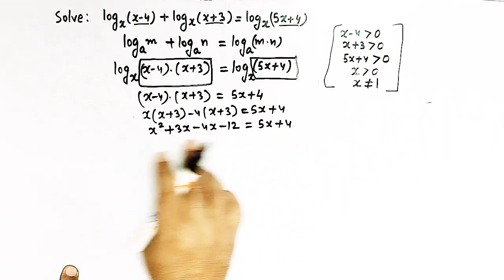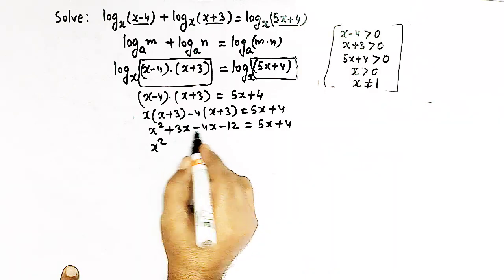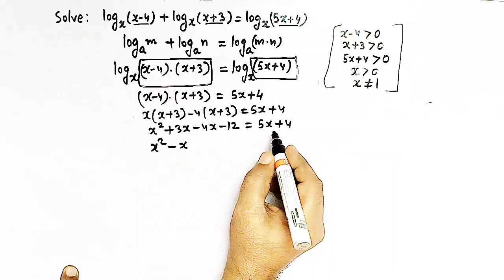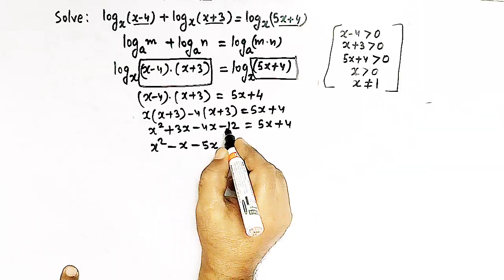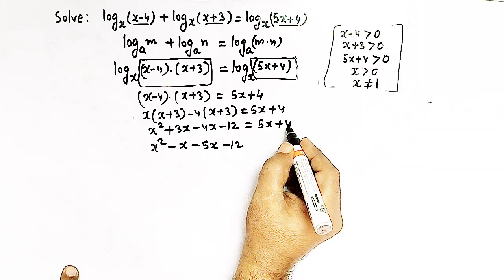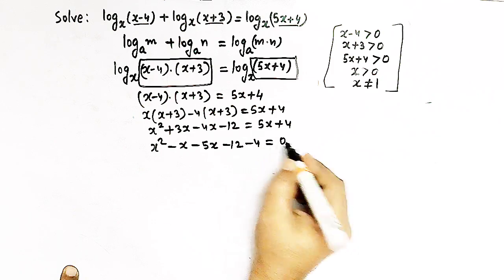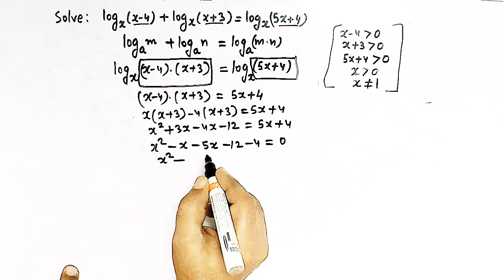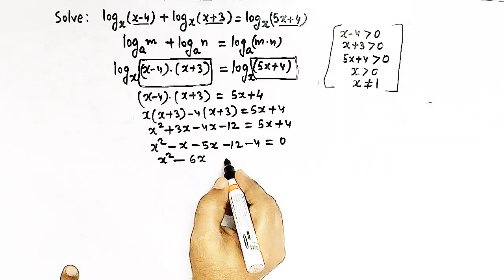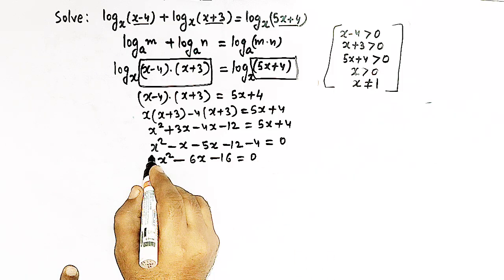So now let us rearrange the terms here. We have x square. This is 3x minus 4x is minus x. And we can take 5x to this side. Then we have minus 12. And we can take 4 to this side. So we have minus 4. And this is equal to 0. So we have x square minus 6x, and here we have minus 16 is equal to 0.